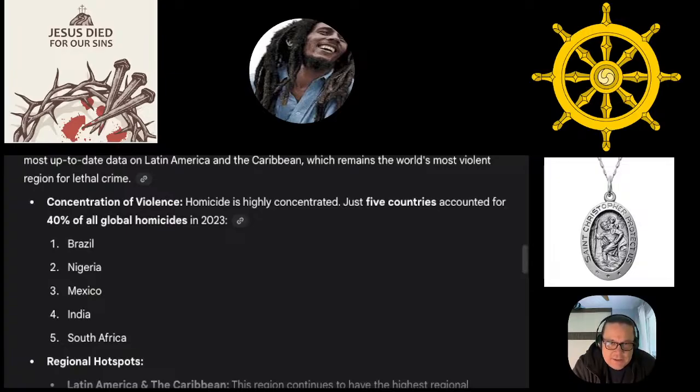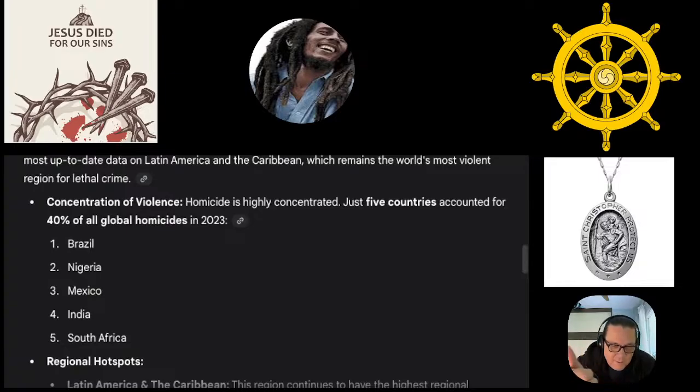There's a concentration of violence. Homicide is highly concentrated. Just five countries accounted for 40% of all global homicides in 2023. That is insane, and these aren't Caribbean countries either. They're listed in order of amount, but they should give the numbers.